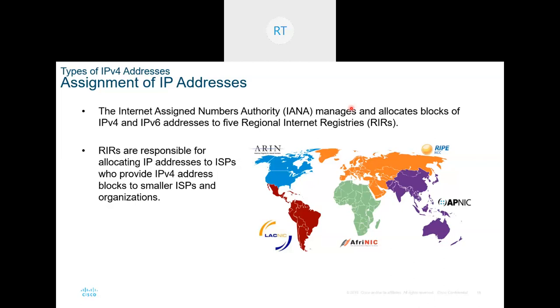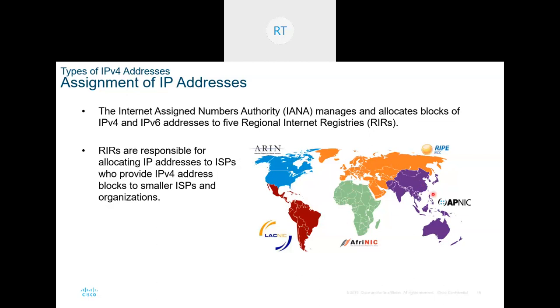The Internet Assigned Numbers Authority allocates addresses to 5 registries. There are 5 regional registries in the world, and they are listed here. This is the region for Africa. There's one for South America. There's North America, the US and Canada.